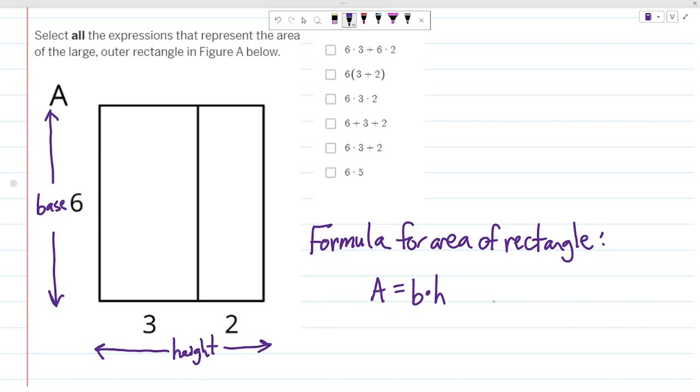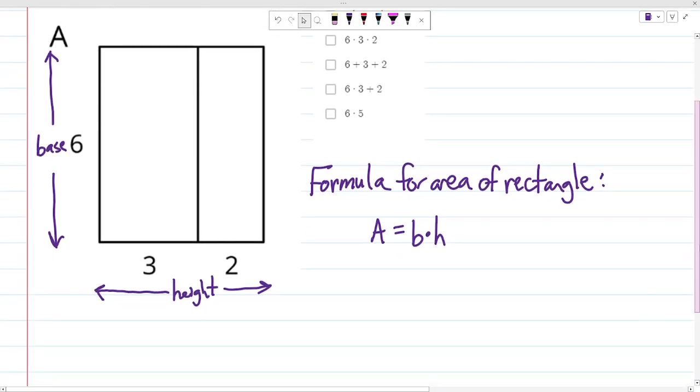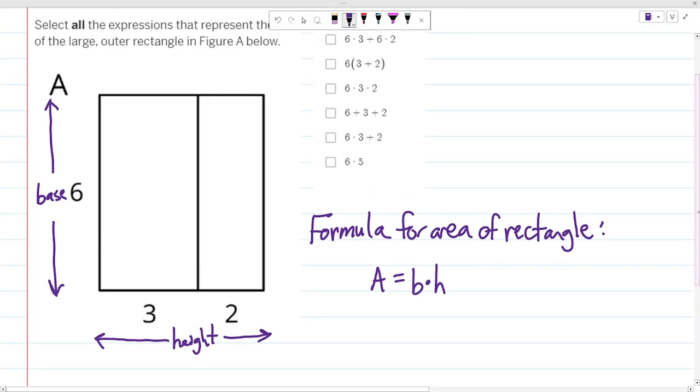Maybe you're thinking it's weird that the height goes sideways. Like I said, it really doesn't matter too much, so you could work this in a different way than me if that's your preference. But the reason I did this is so we can just think about all the different ways we could write the base and height.